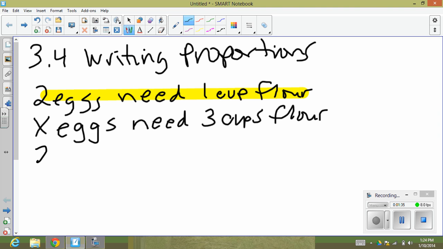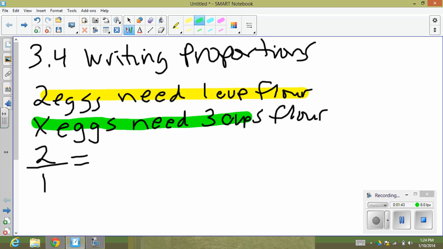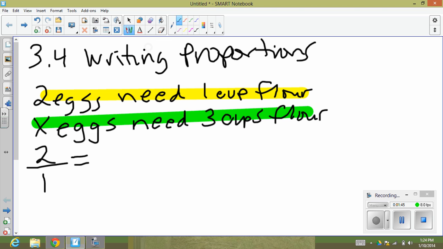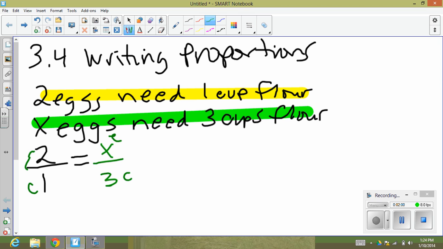So I'm going to take 2 over 1 and I'm going to set it equal to the second scenario. Is it equal to some number of eggs over 3 cups? So the 2 is eggs over cups. How many eggs to 3 cups?